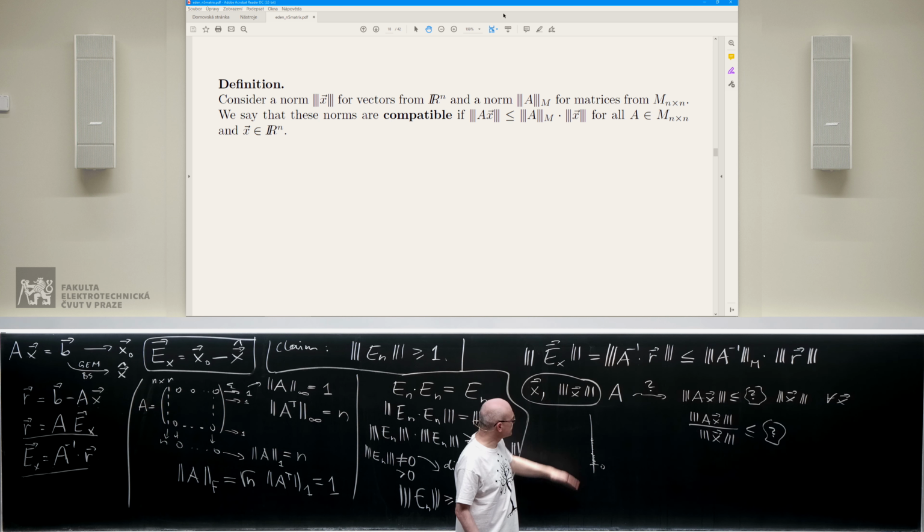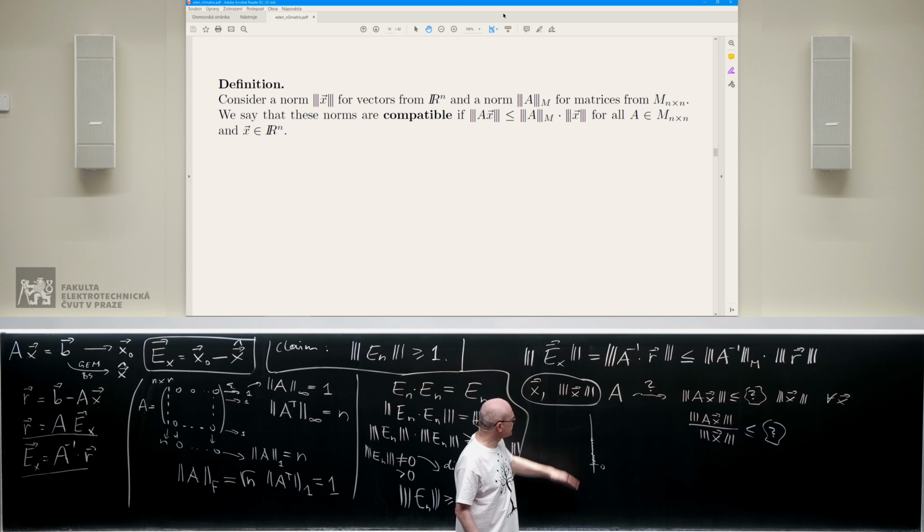So it has two parts. Part number one is exactly what I've been talking about here. If I take a vector norm, then I can define a specific mapping for matrices, and this mapping works by simply looking at the ratios. Now, there is no guarantee that there will be a maximum which is attained, so I have to ask for the supremum. I look at the supremum, and the number which I get, that will be the norm for the matrix.